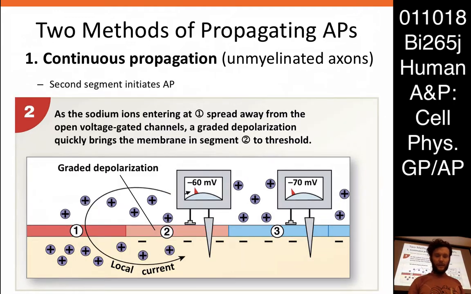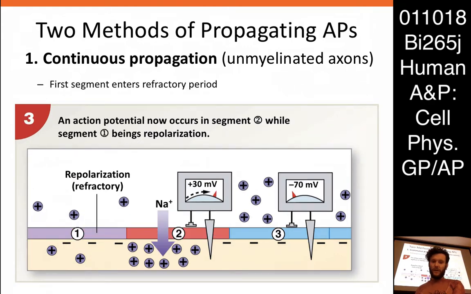So there's going to be a local current that just continuously sweeps along the length of the axon, to the point where this portion of the membrane reaches threshold and begins to depolarize. Sodium continues, this local current just sweeping along the length of the axon.